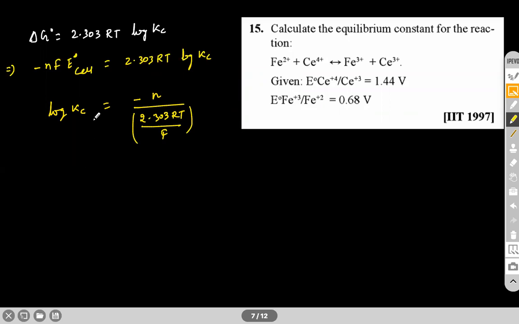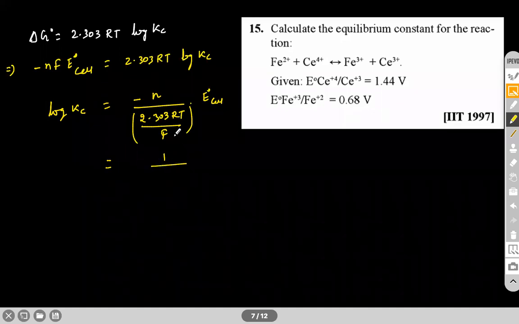So log of Kc is equal to 1 divided by 0.0591 into E naught cell. See, Fe is getting oxidized, Ce4+ is getting reduced, right?